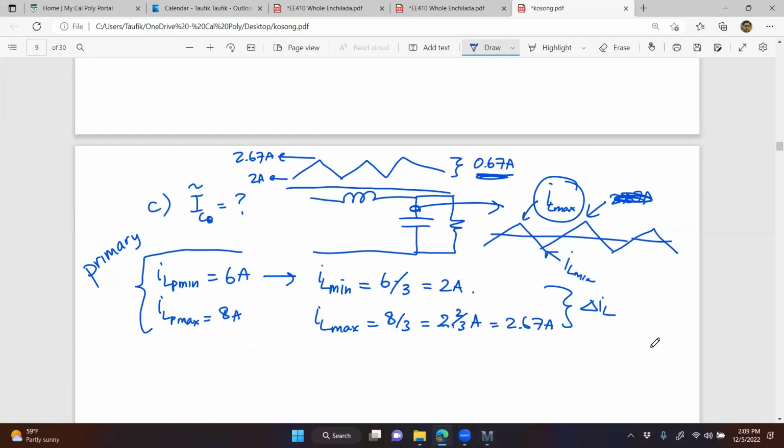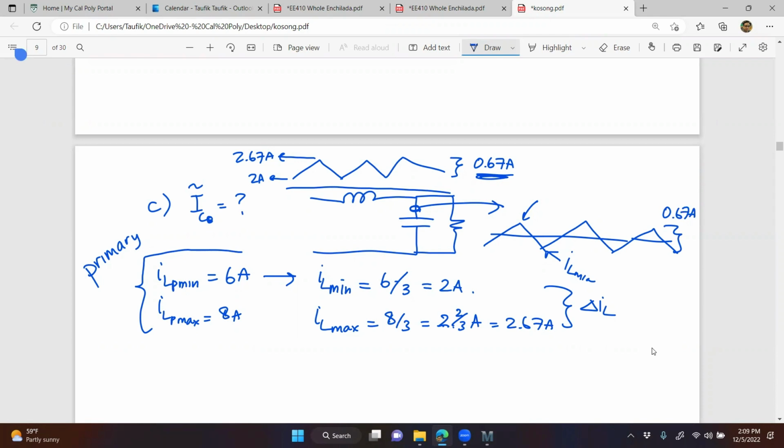So now that I have the inductor current with the peak-to-peak value of 0.67 amps, I can translate that into capacitor current. The whole thing right here is 0.67.